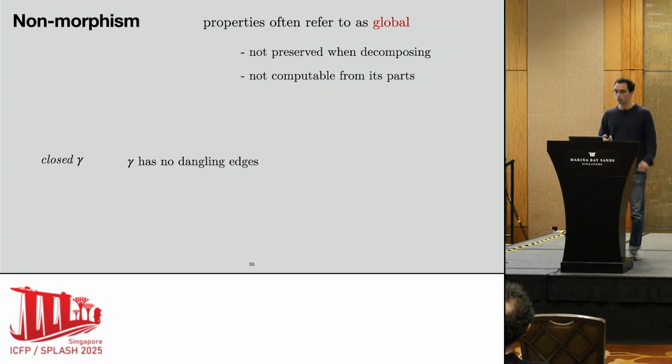So an example of a non-morphism is the property of a graph being closed, meaning that it has no dangling edges. As we saw in the example of the decomposition of the graph, we began with a graph which was closed. When decomposing it, one of the subcomponents violated the property of being closed.